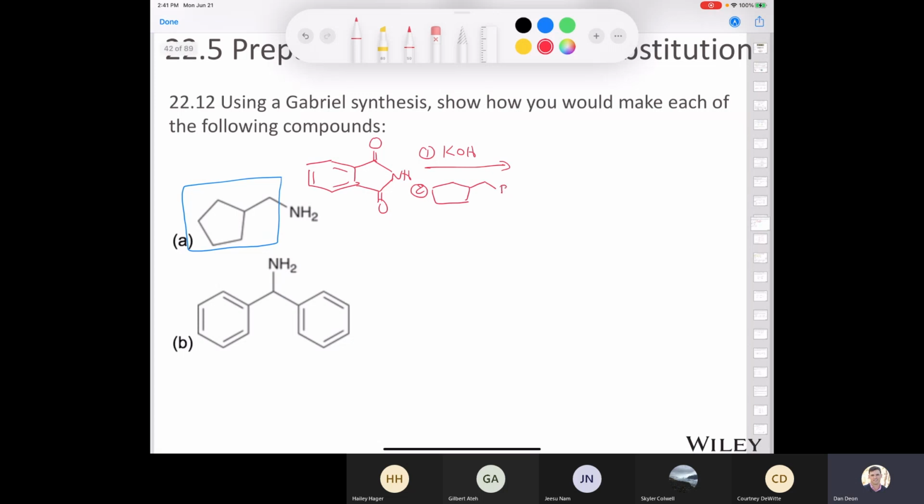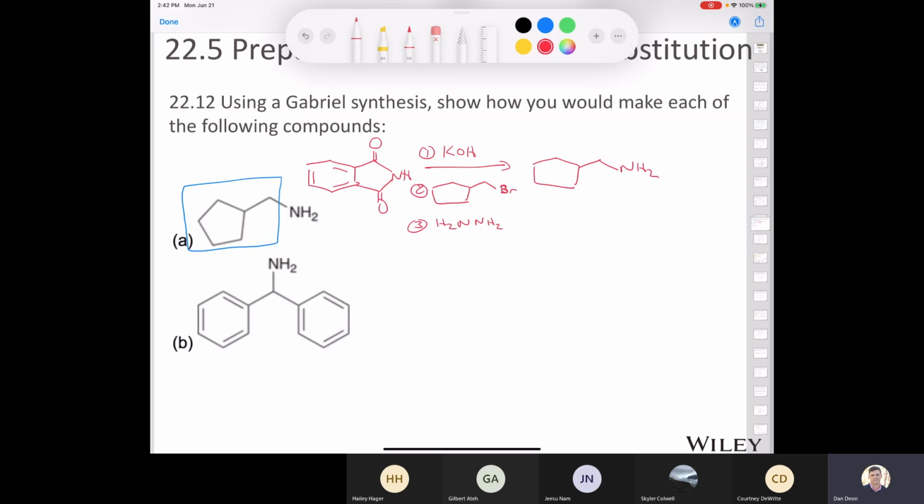So let's choose bromide just for fun. You could choose chloride or iodide. That works too. And then in the last step, if we want to end up with an uncharged amine, we're going to treat this with hydrazine. So NH2, NH2. And that's going to give us the final product, just like that.